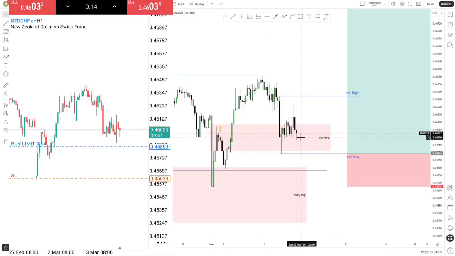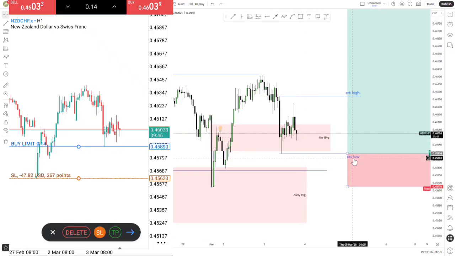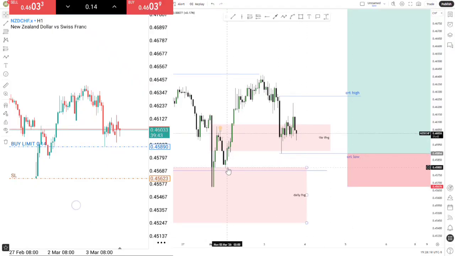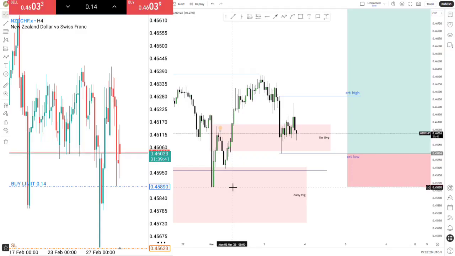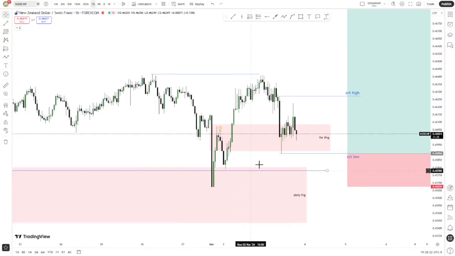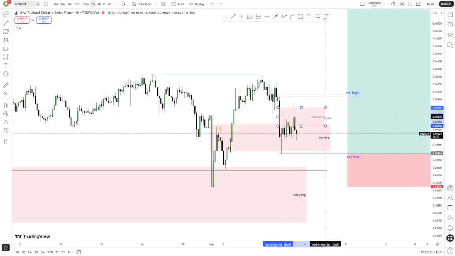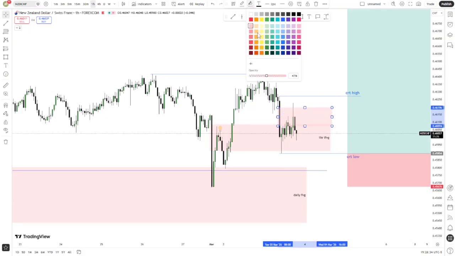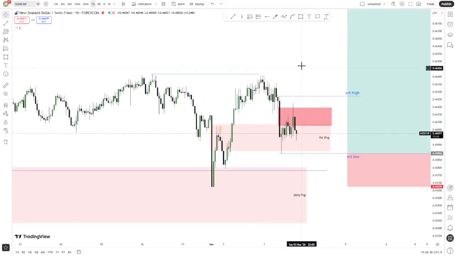So I'm waiting for price to sweep this low, then I get tagged in. I don't want to see this low taken, but I'm going to keep my stop loss below here for a safer entry. So I want to see price sweep this low and rally up. Once price breaks above this high, once price breaks above this FVG, I'll go in on a second entry.